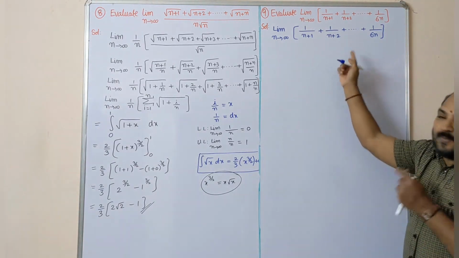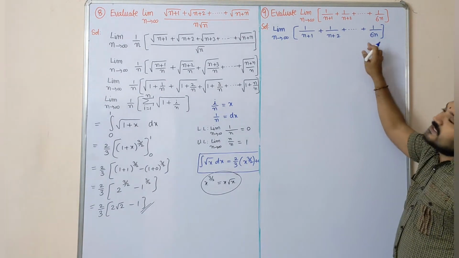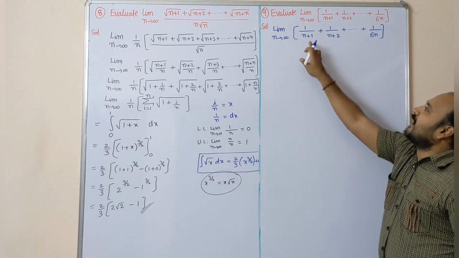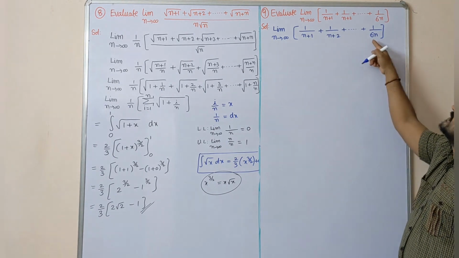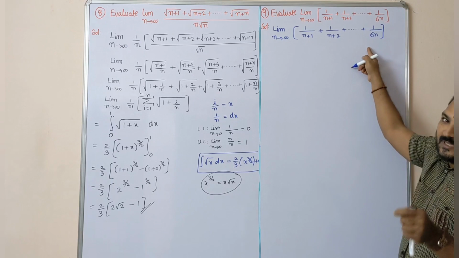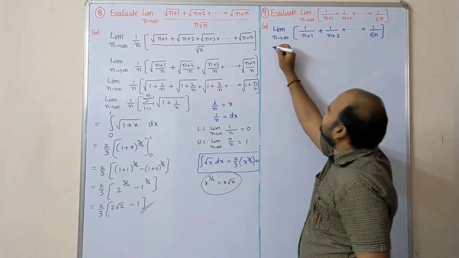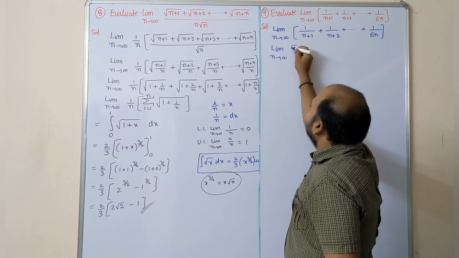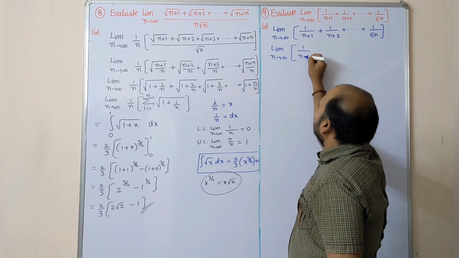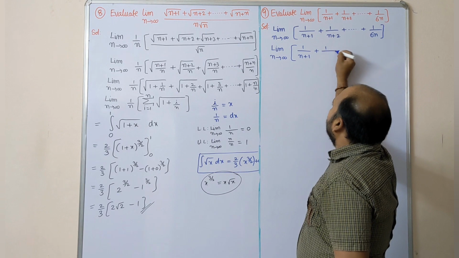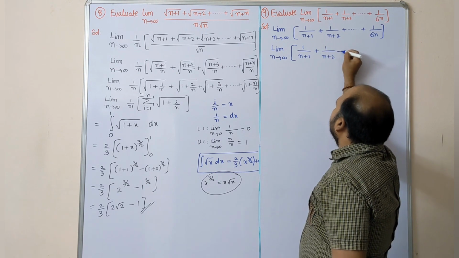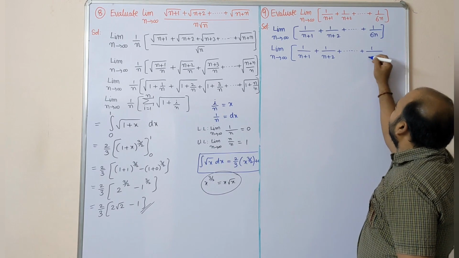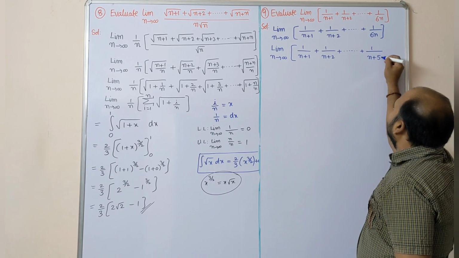We have n plus 1, n plus 2 and so on. 6n can be written as n plus 5n, no? According to this, n plus 1, n plus 2 and so on, 6n can be written in terms of n plus 5n. In the next step, the limit n tends to infinity of 1 by n plus 1 plus 1 by n plus 2 plus and so on 1 by n plus 5n.